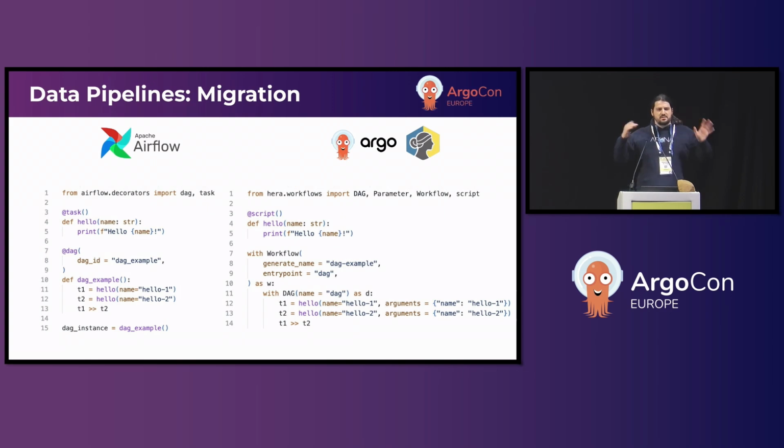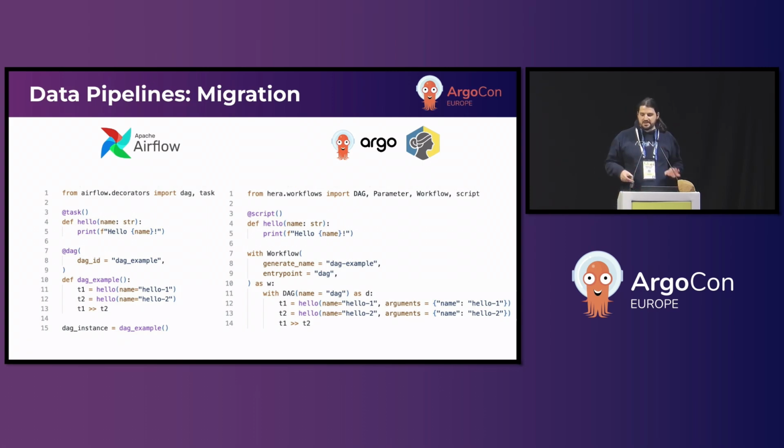When we look at Apache Airflow, we had quite a few Apache Airflow workflows, and what is quite trivial is that many of them just used some Python functions. When we look at Hera, which is a Python library that can be used to build and run Argo workflows, you can see that migration is quite trivial, because in most of the cases you can just reuse the same functions you already have in place.